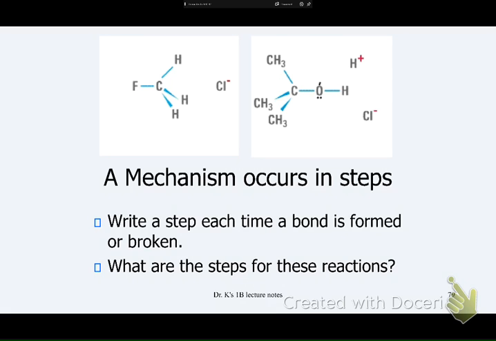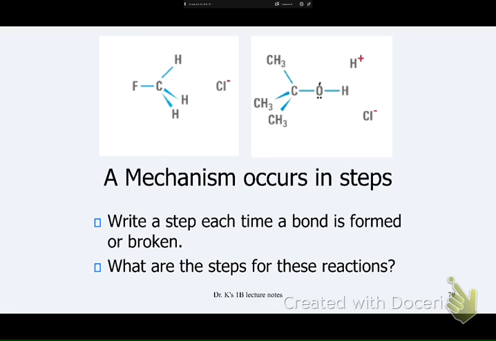And my overall reaction is this. The way you do this reaction, you just mix hydrochloric acid with this and you shake it up.